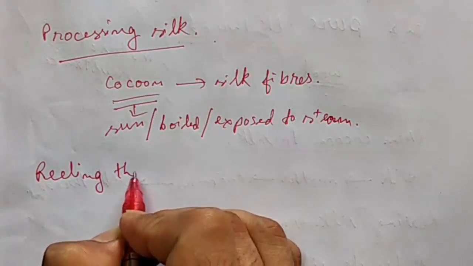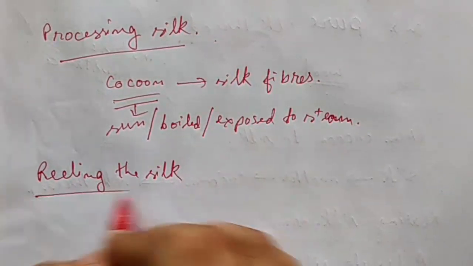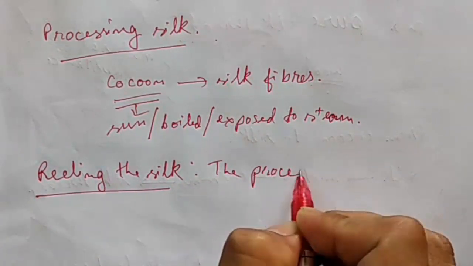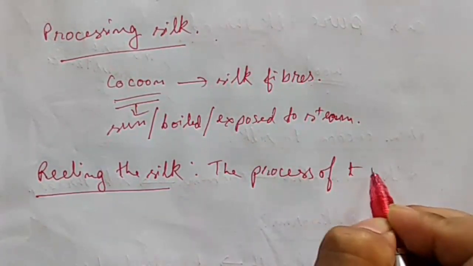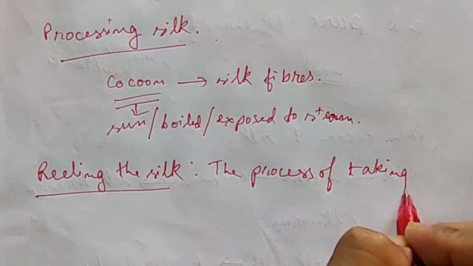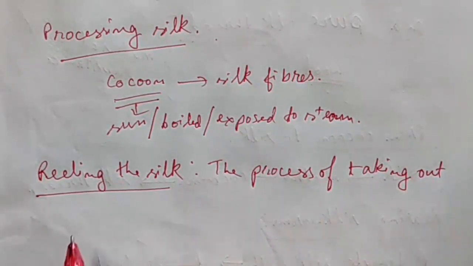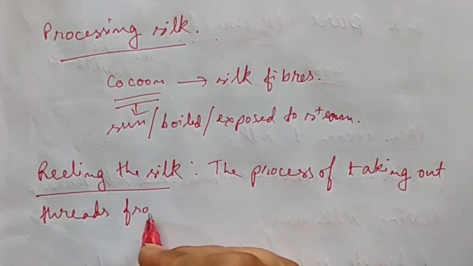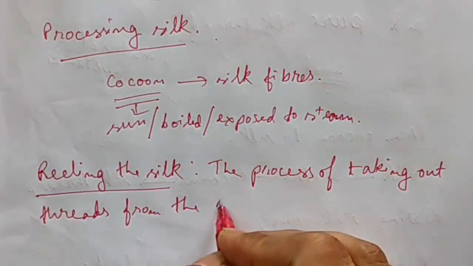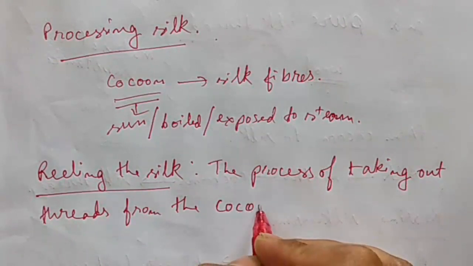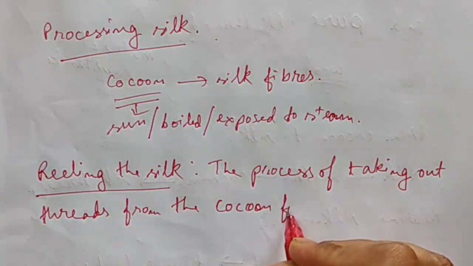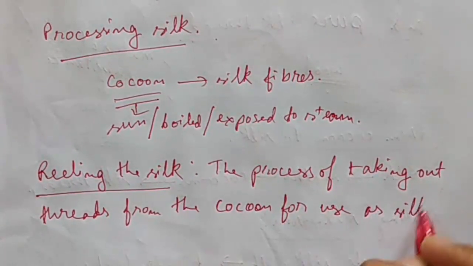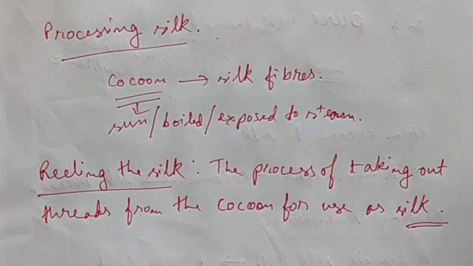Reeling the silk is the process of taking out threads from the cocoon for use as silk.